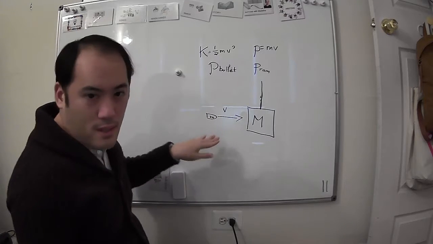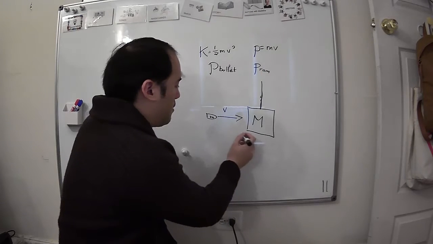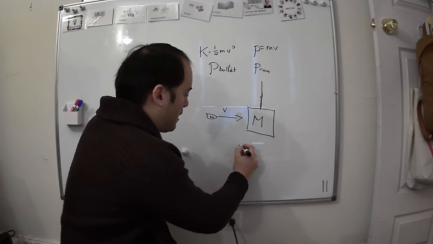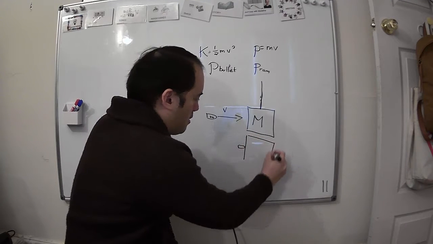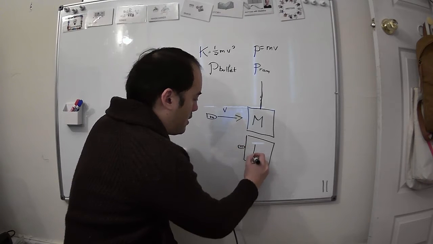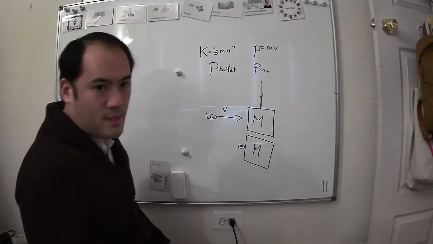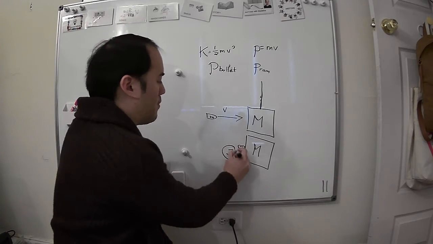There are two steps to this problem. That's the trick. Two steps. The bullet collides with the block. Little m hits big M. That's step one, stage one, part one.